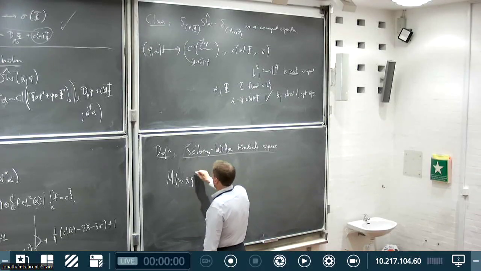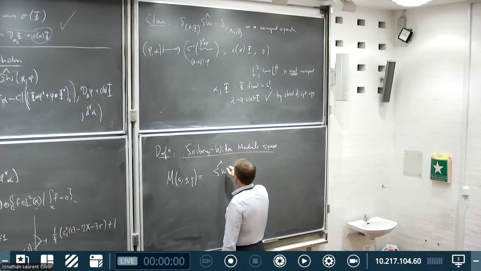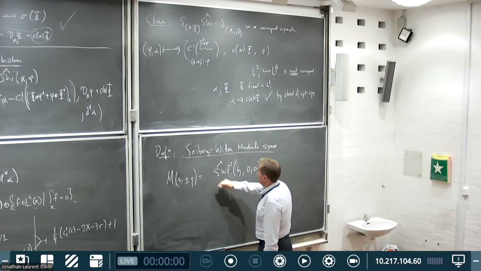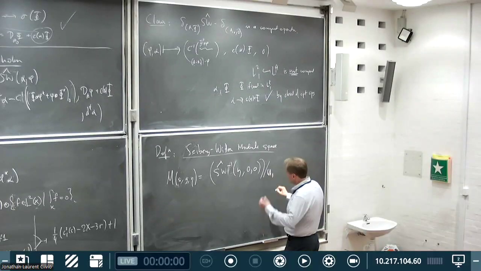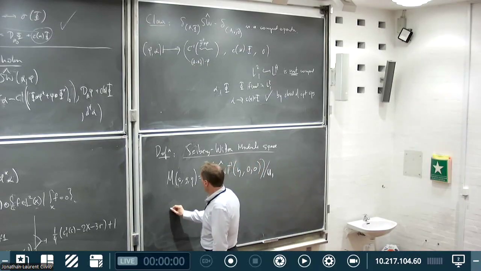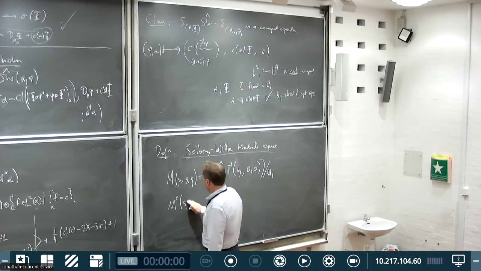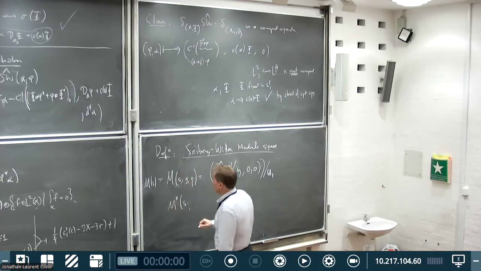It's the inverse of eta, the extended Seiberg-Witten equations, divided by U1. I might abbreviate this as M of S, but anyway.